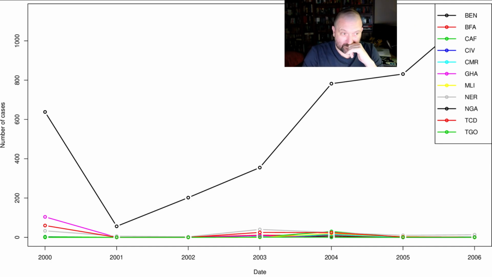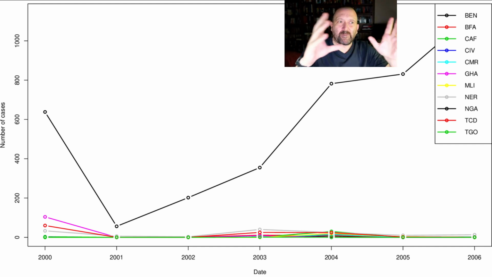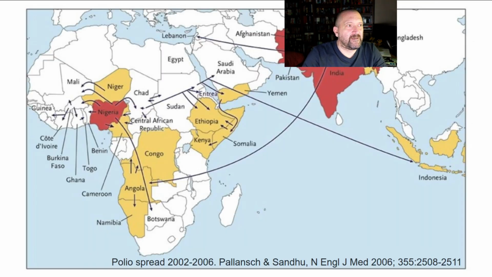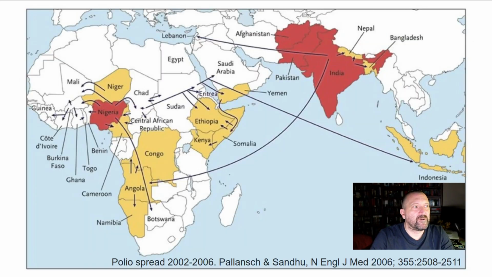But what you can see, and this is quite important, is that low vaccine coverage in one region, despite having high vaccine coverage in other regions, had consequences in all neighboring countries, and this is quite an effect of the fact that people are moving between locations. And in the end, if you look at what happened following this episode, you can see cases in Nigeria that spread on to neighboring countries.